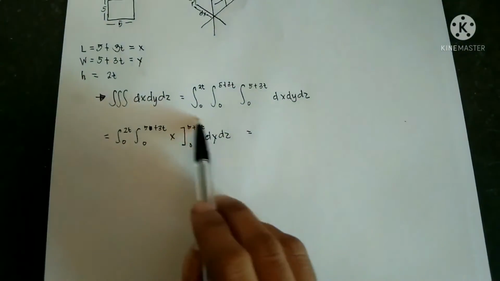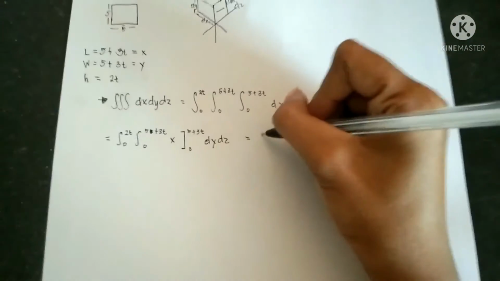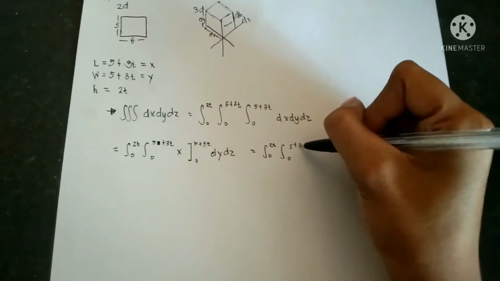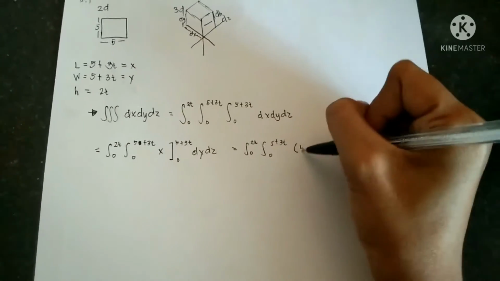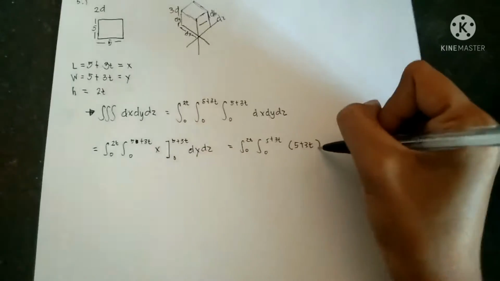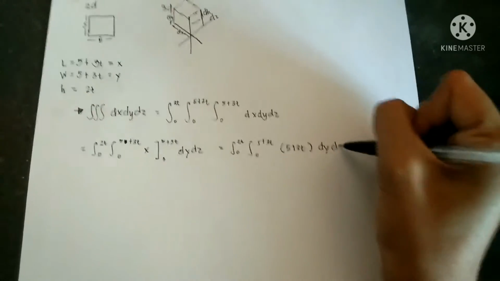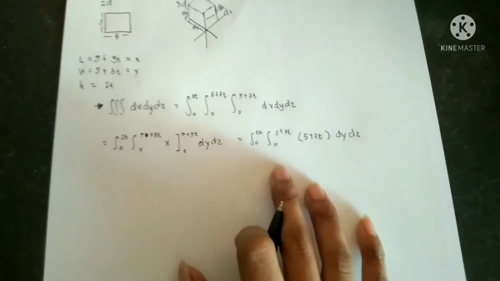So, plug in natin ito dun sa x, so magiging integral of 0 to t, integral of 0 to 5 plus 3t of 5 plus 3t, dy, dz. So, ganyan na.